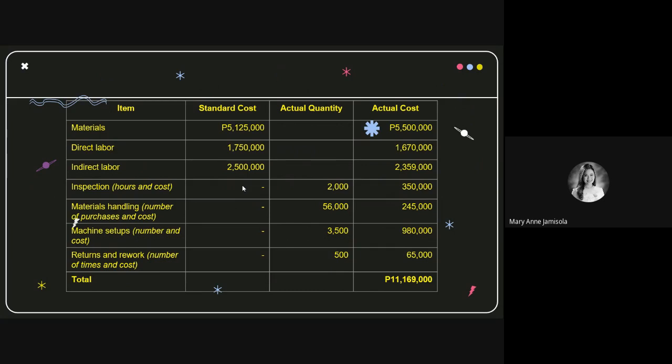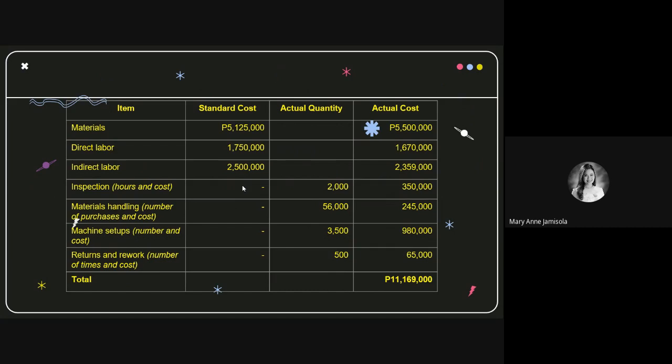The controller of the company has assembled these costs and usage data for the most recent year for the company's production of 25,000 units. So we have here standard costs and actual quantity and actual costs for materials, direct labor, indirect labor, inspection in terms of hours. So inspection, 2,000 hours.